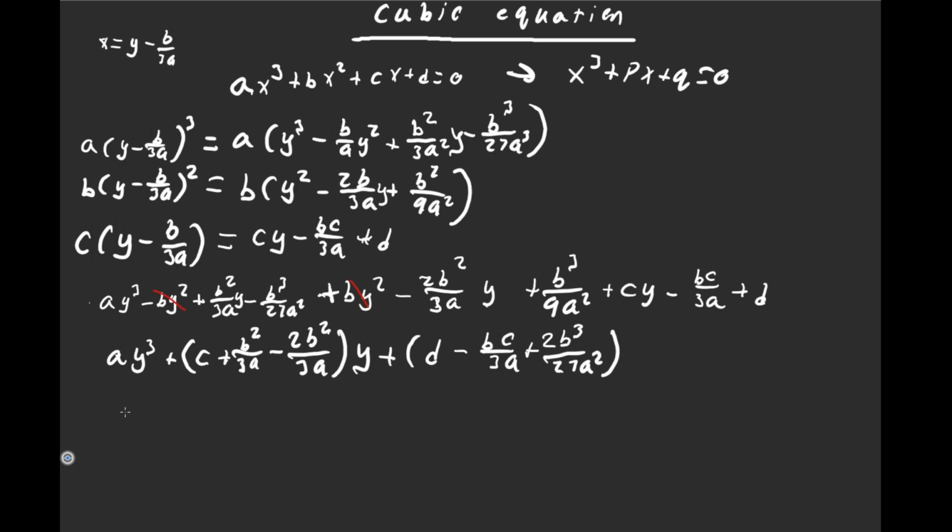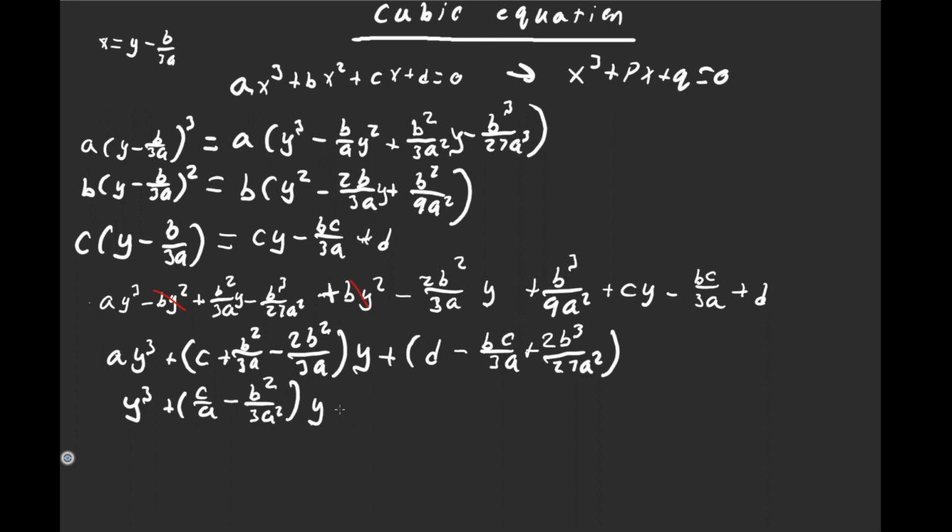Now dividing by a, we get y cubed plus c over a plus b squared over 3a squared minus 2b squared over 3a squared. Let's subtract these two first, which gives us minus b squared over 3a squared y.